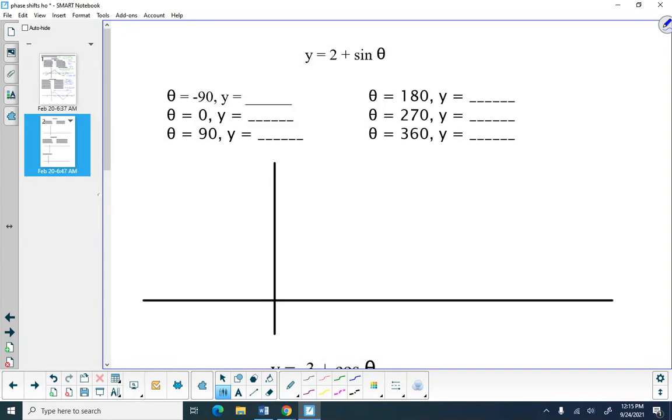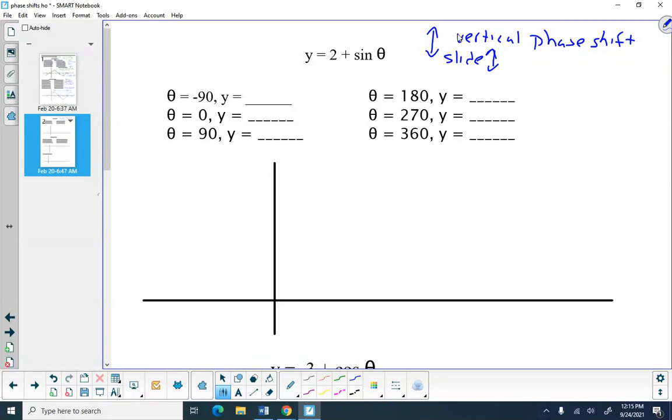Now we're going to talk about what is called a vertical phase shift, which is a slide up and down of your graph.